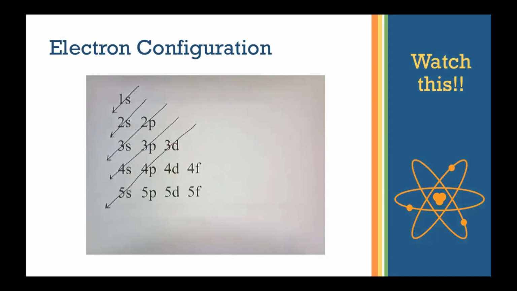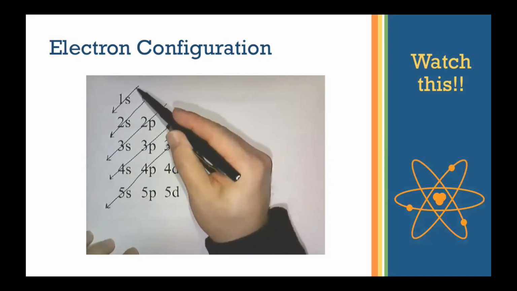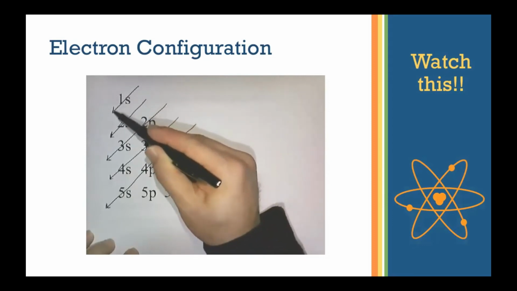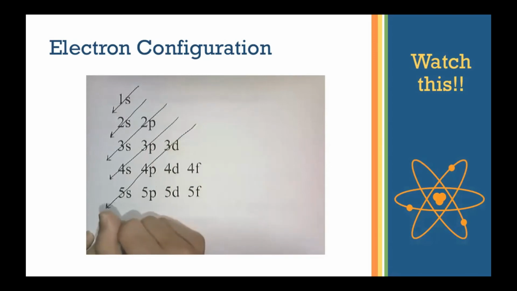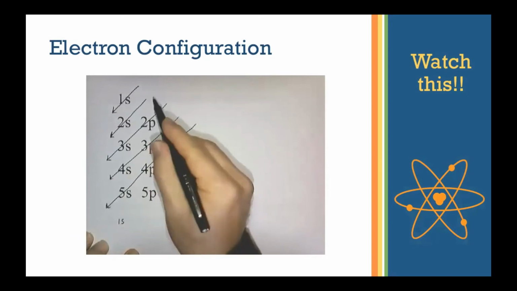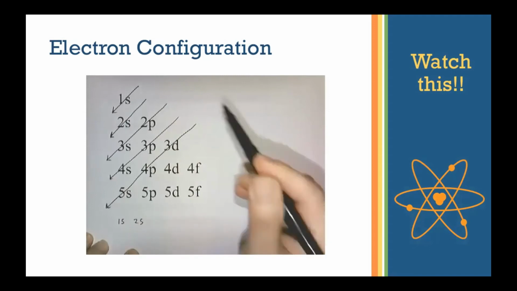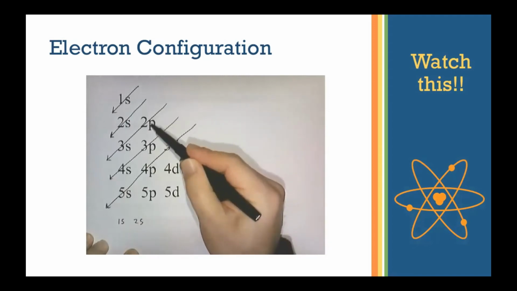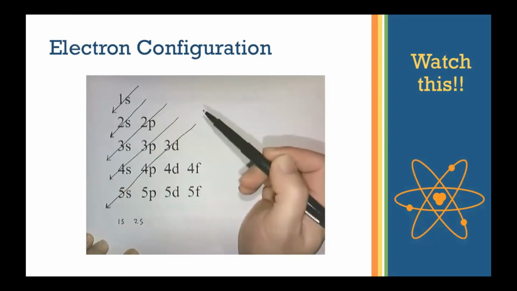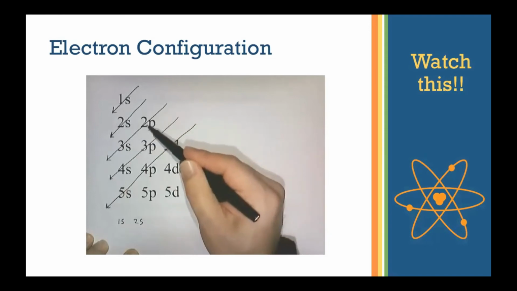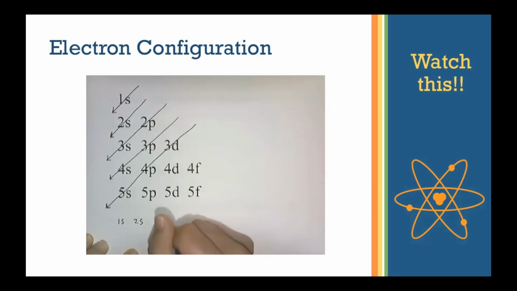All right, now look at the order in which we draw the arrows. The first arrow goes through 1S, so I'm going to write 1S. The next arrow goes through 2S, so I'm going to write 2S. The next arrow goes through 2P and 3S, and that's what I'm going to write in that order: 2P first, then 3S.